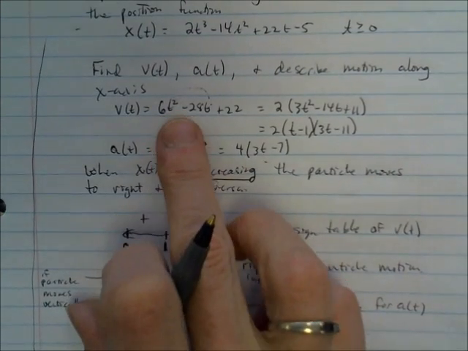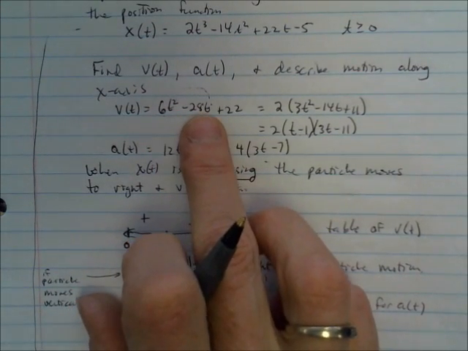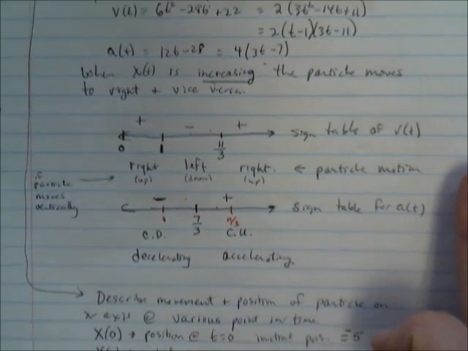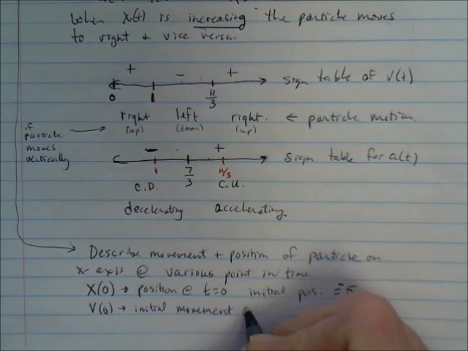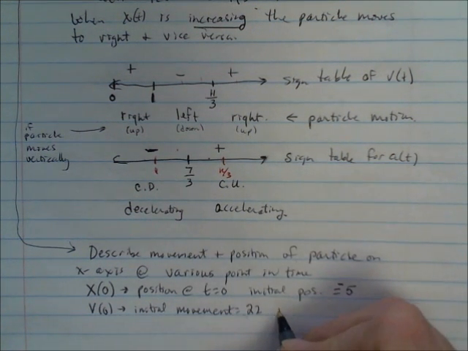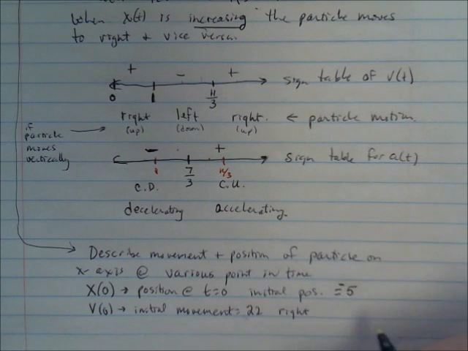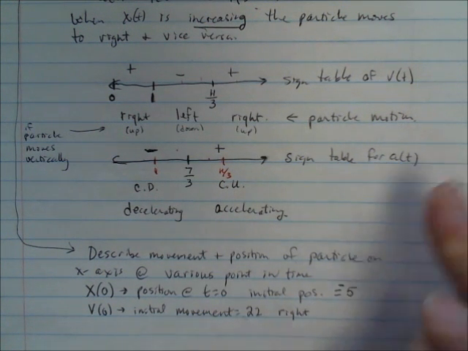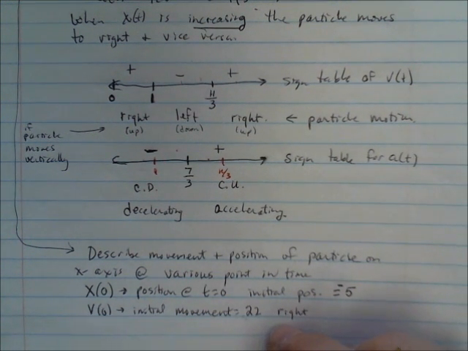If we took this velocity function and plugged in t equals 0, we'd get a positive 22. So the initial movement, v of 0, is equal to 22. It just means it's moving to the right initially. And we'll set this all up on an x-axis so we can summarize this at the end.